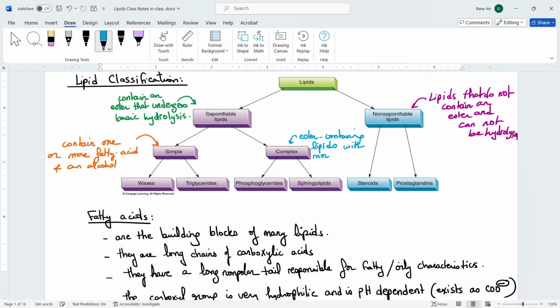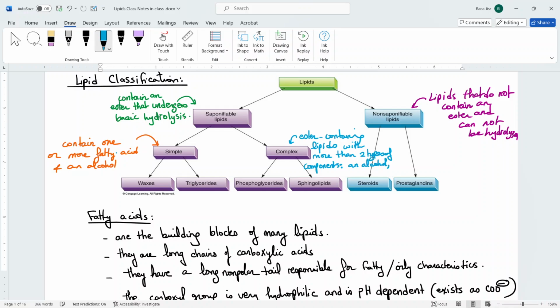You do have an alcohol, a fatty acid, and other components.